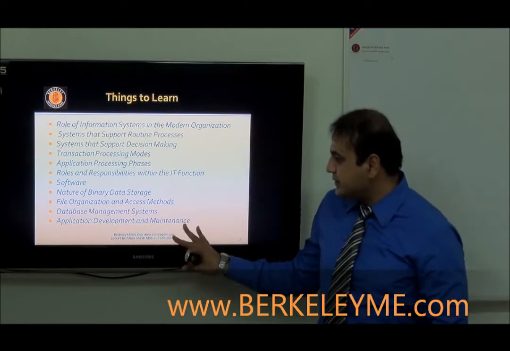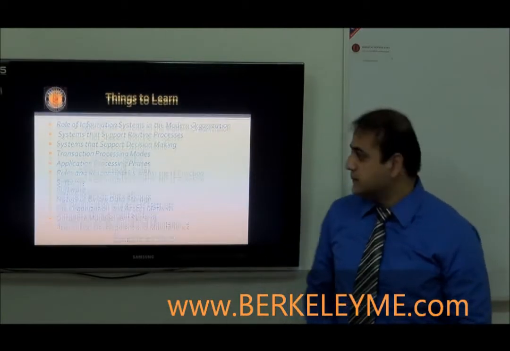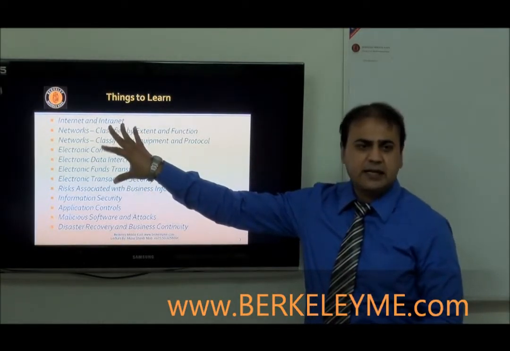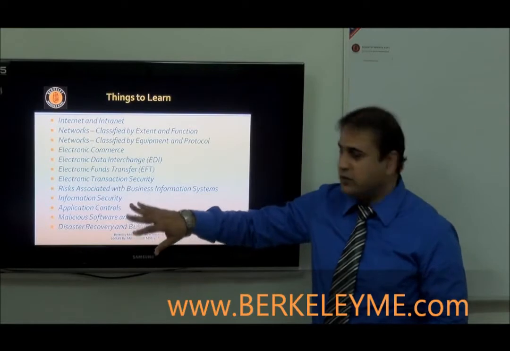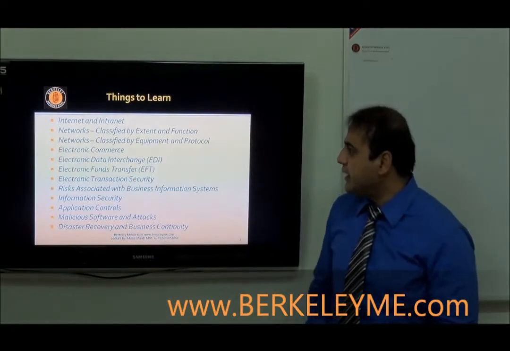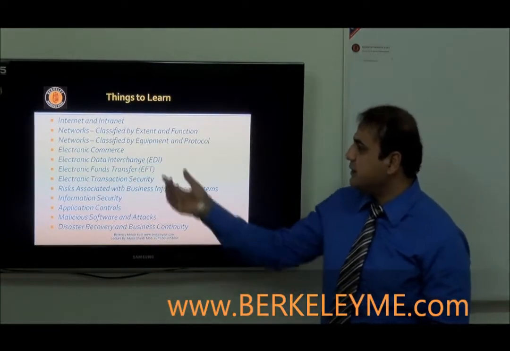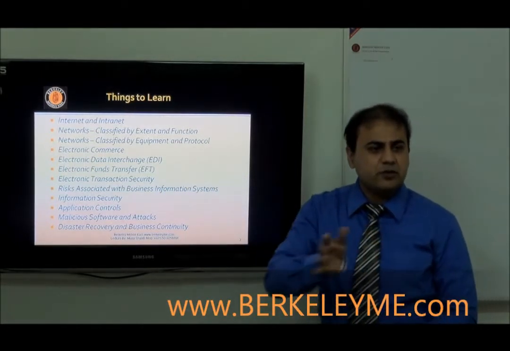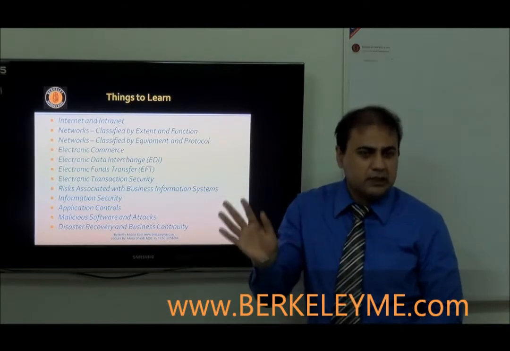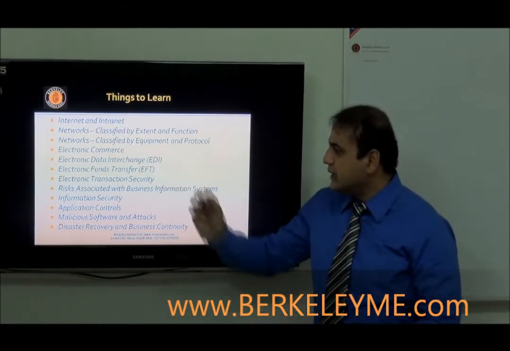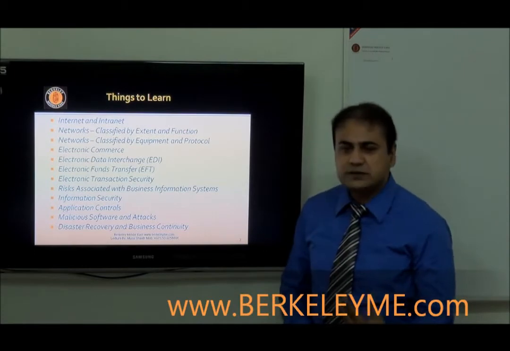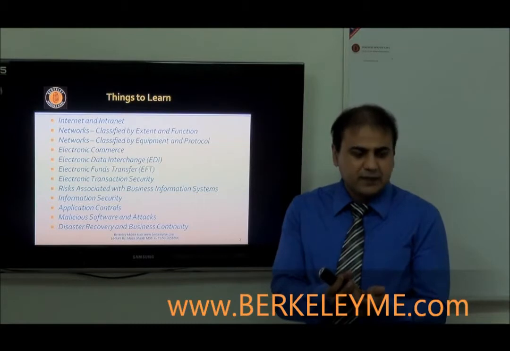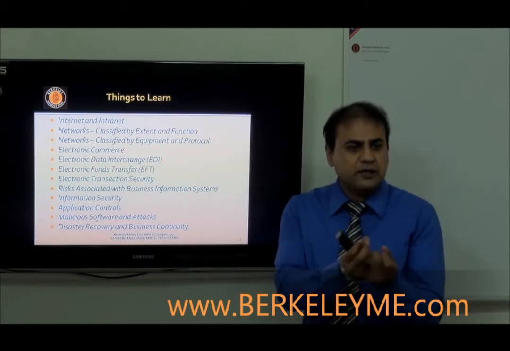Then we have application development and maintenance. A very common example is the internet and intranet, we are familiar with all. Networks classified by extent and functions, networks classified by equipment and protocol, IPs, what www stands for, what a URL is, this is all here. Electronic commerce, or e-commerce as you say, because the world has shrunk through the use of technology, and we have online portals and online tradings.